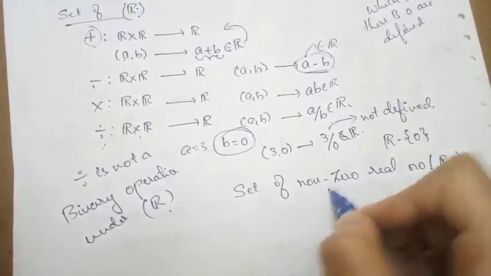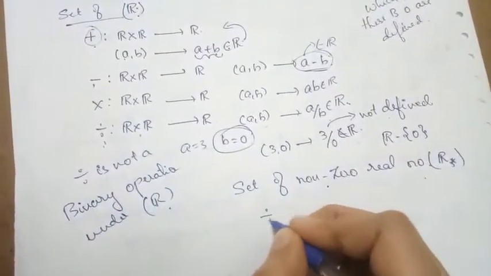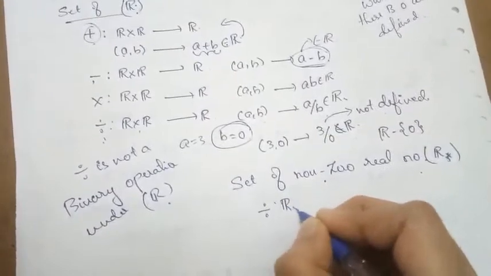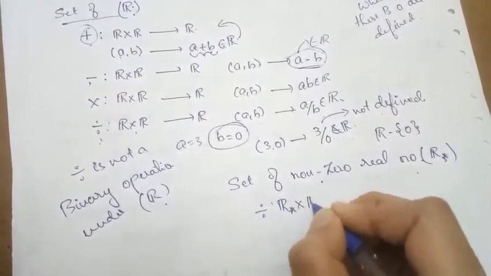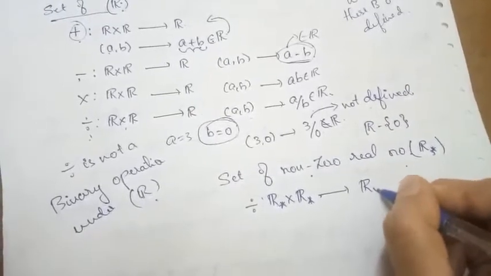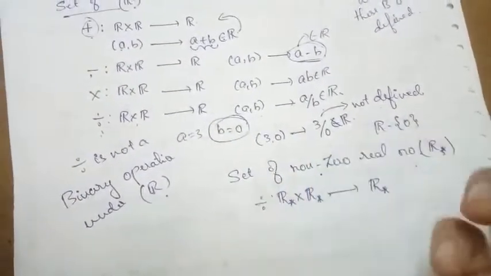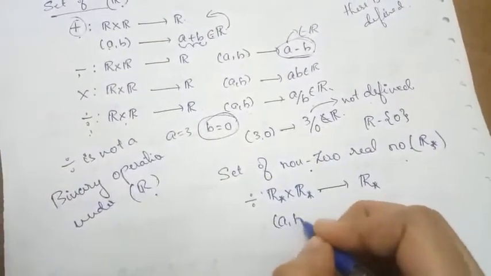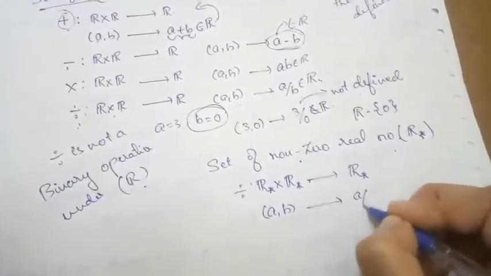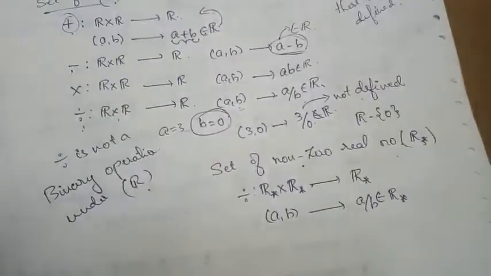So on the set of non-zero real numbers, division is a binary operation, because whatever elements we take from the set of non-zero real numbers, we are going to get a by b, which belongs to the set of non-zero real numbers itself.